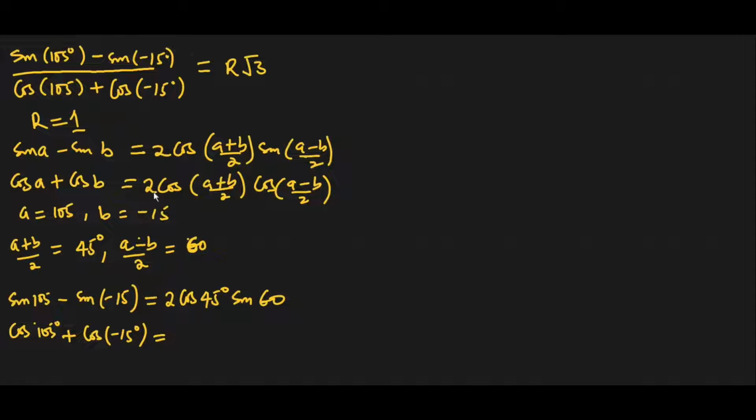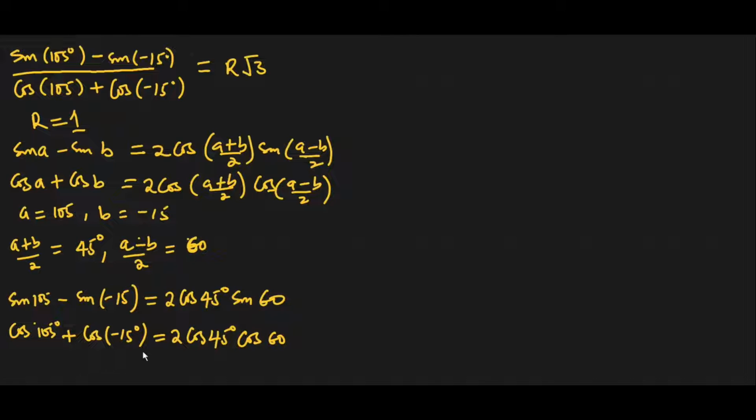We can see that this can be simplified as that, or expanded as that. So this is equal to cosine of A plus B over 2, which is already 45 right here, then cosine of A minus B over 2, which is also here as 60.